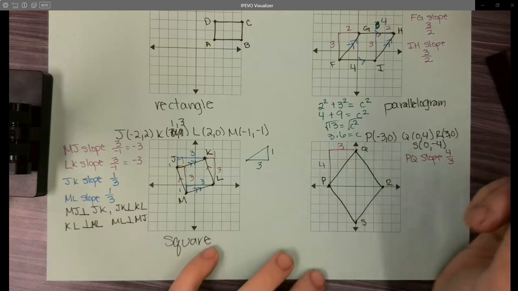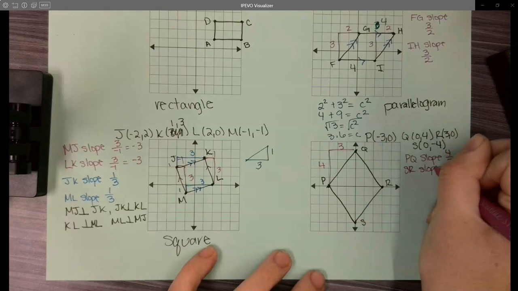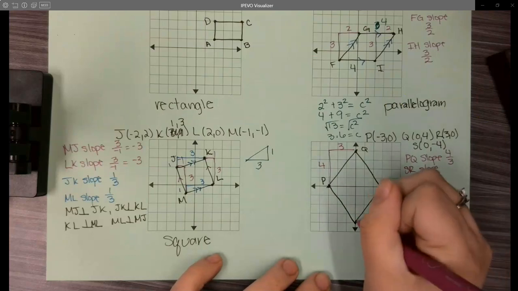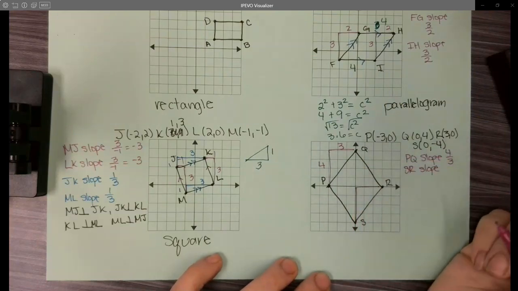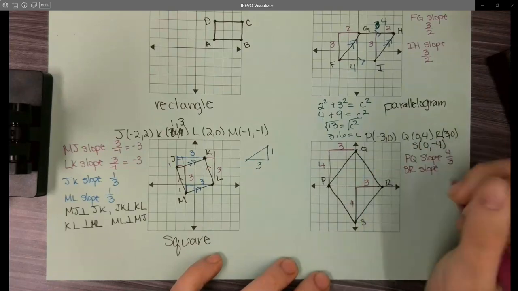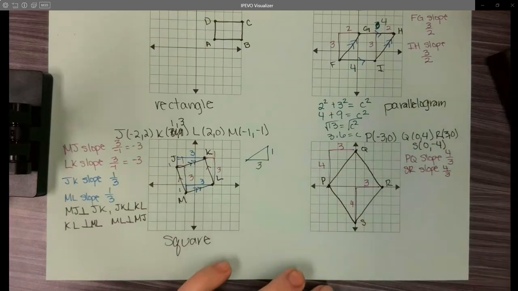Then I want to do the same thing for SR. So this one is going up 4 over 3. Are these two lines parallel?